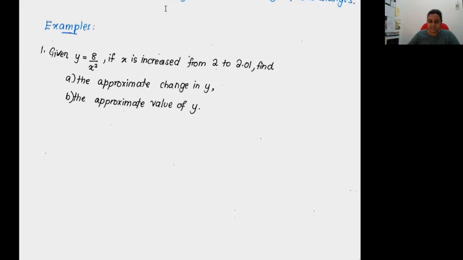Okay, let's look at this. Given y is equal to 8 over x squared. If x is increased from 2 to 2.01, can you see that very small change? A very small one only, 2 to 2.01. So that's why it's called small changes, and I guided you all previously: delta means small changes.